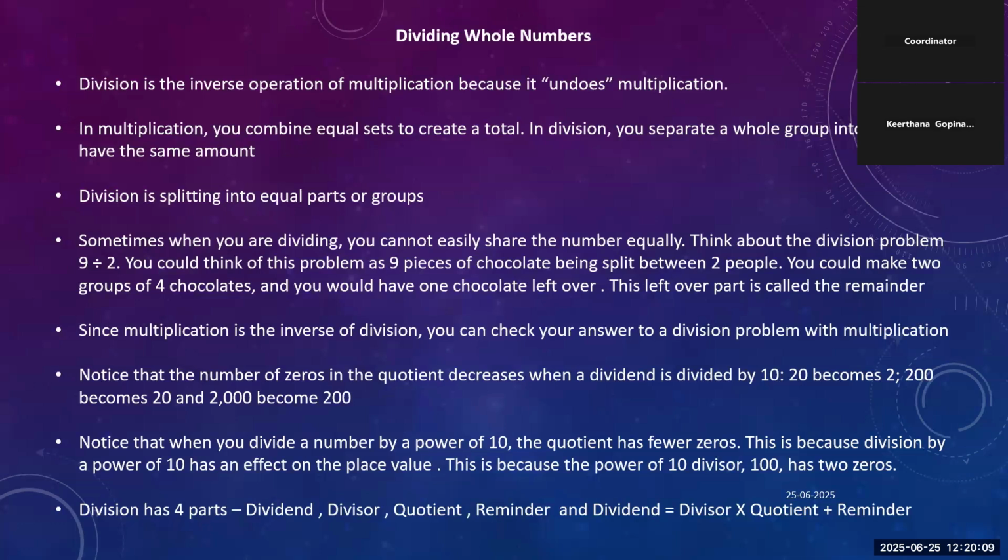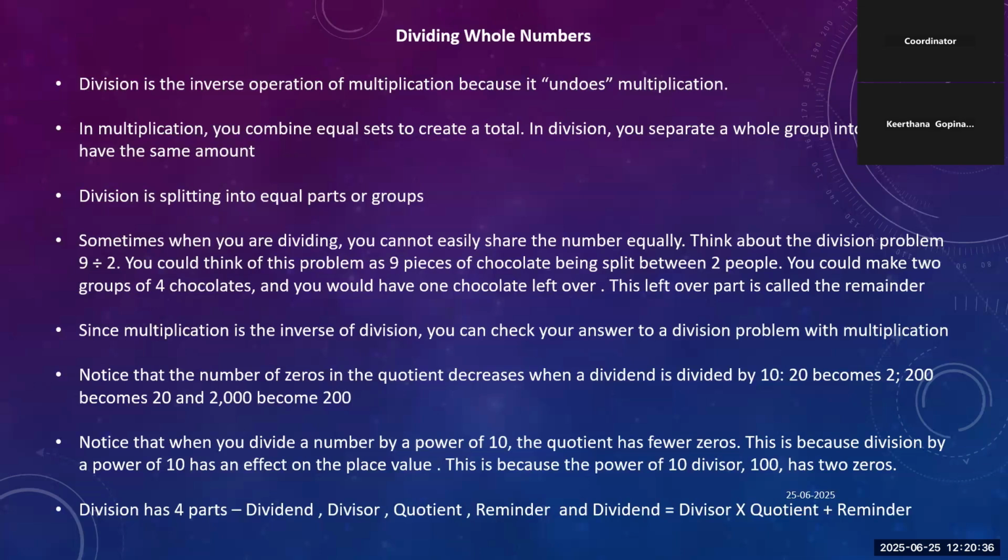Let us assume a division problem, 2000 by 100. Here 2000 is the dividend. The number which is being divided is called the dividend. 100 is called the divisor. The number which divides the dividend is called the divisor.